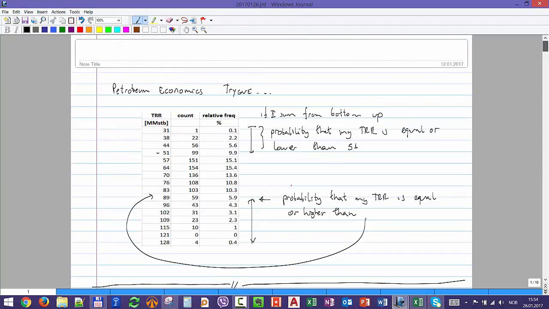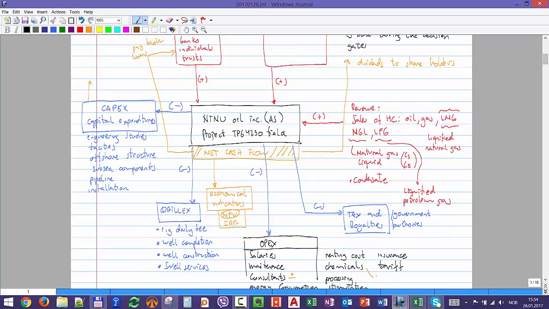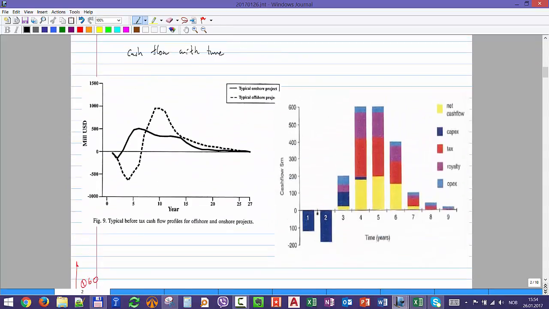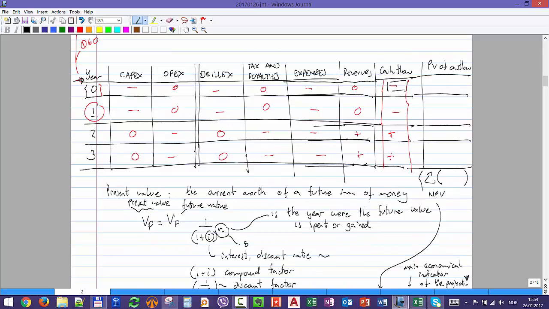What we saw today was a lot of information, but I hope you captured more or less. First, the economy. You see what are the main cash incomes to the project and the main cash outputs. Then we said that we can do all of this in a table format, yearly. We put how much we are going to get, how much we are paying, what comes in and what comes out.